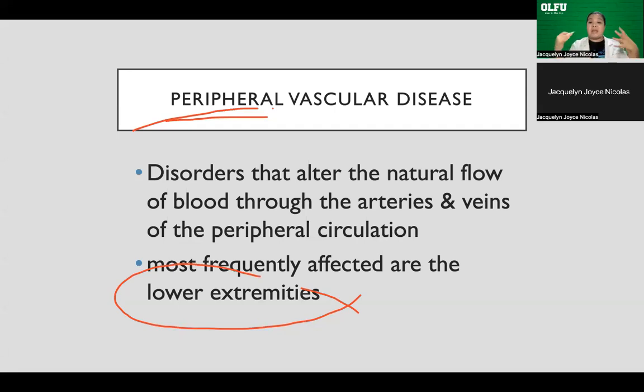Bakit? Kasi by gravity, mas mahirap mag-flow ang blood paakyat. By gravity, mas mabilis flow ang dugo pababa. So the most common site of peripheral vascular diseases are the lower extremity. So the leg, the foot. Dyan natin siya usually makikita.